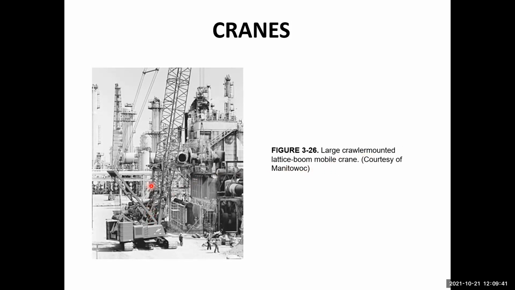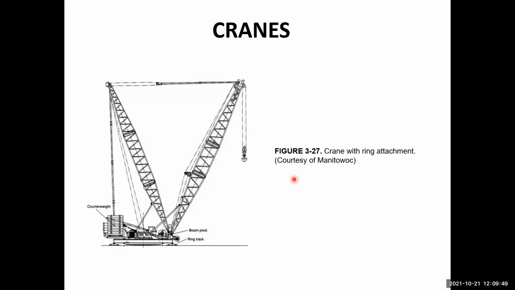So this is a crane which is a lattice boom. So there are three types of cranes. So this type of crane is a crane with the ring attachment. So it carries the load on both sides of these booms. So this is a double boom crane. Okay.